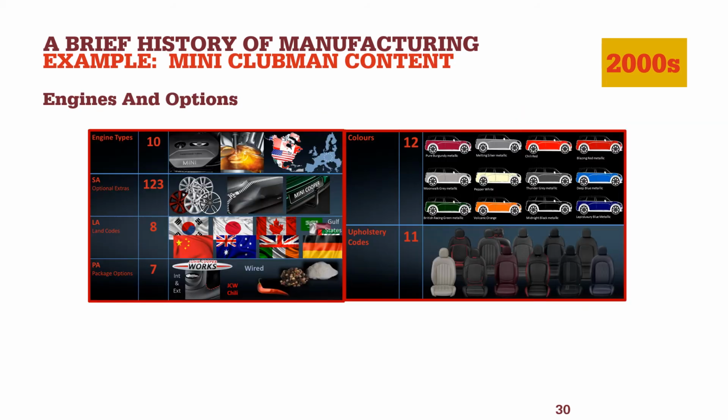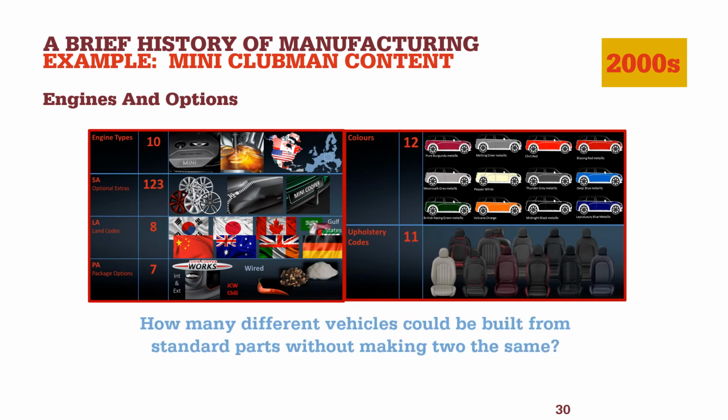So if we take just one of those body types, the Mini Clubman, and we've got lots and lots of different options for colour, for trim, for country variant, for special deliveries, for seat type, for seat finish, for optional extras, I just wonder how many different variants of that Mini you think it would be possible to build without building 2 the same.